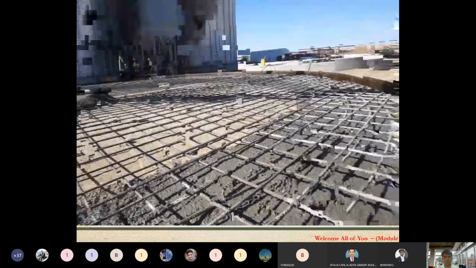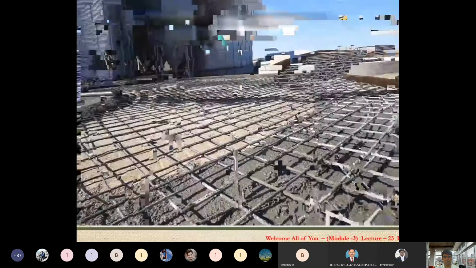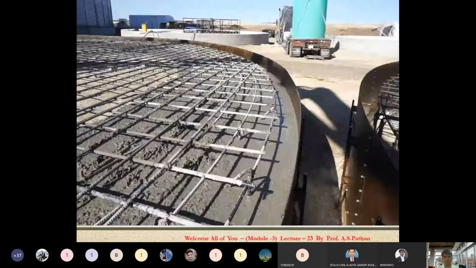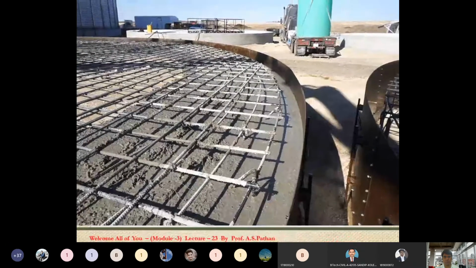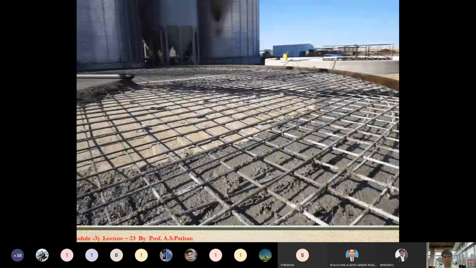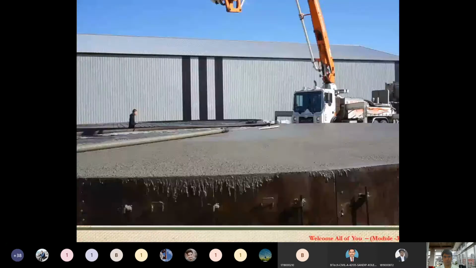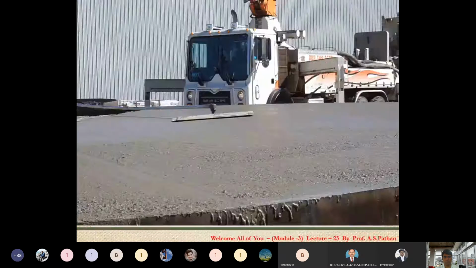As you can see on this one, the sides are really thick, and we've already filled the thickened part up on this one here. And now we're just filling in the surface. And then as you can see there, he's bull floating it after the spin screed.